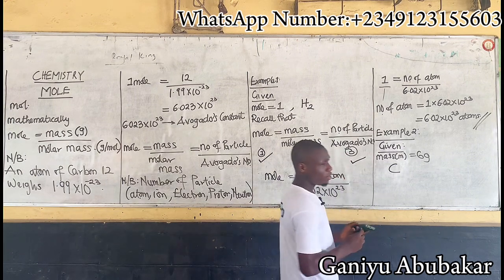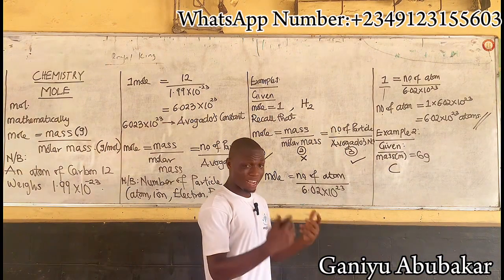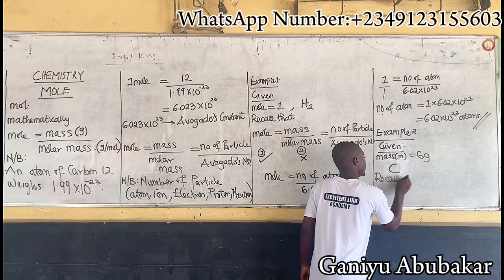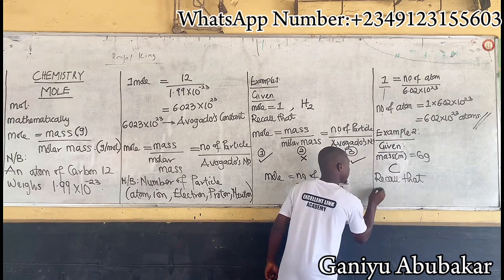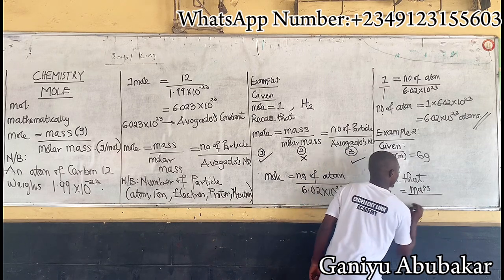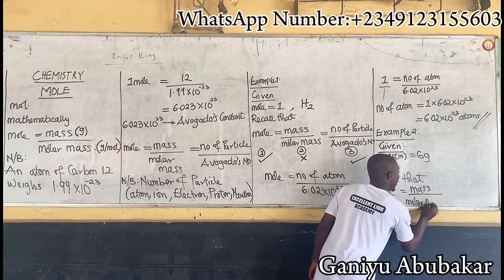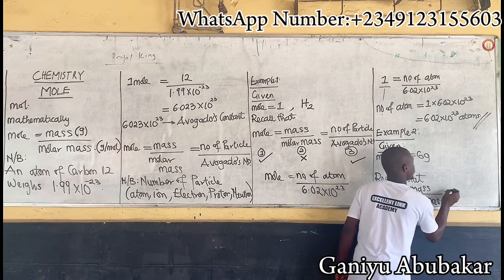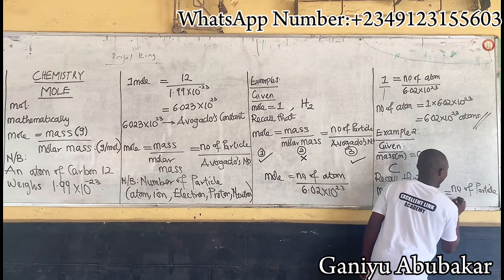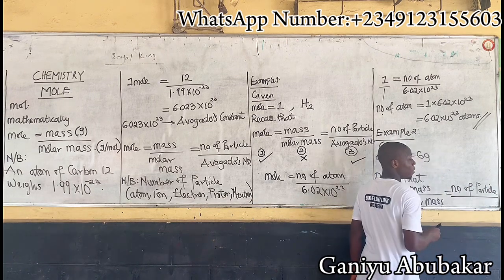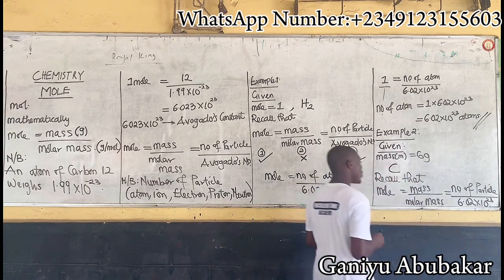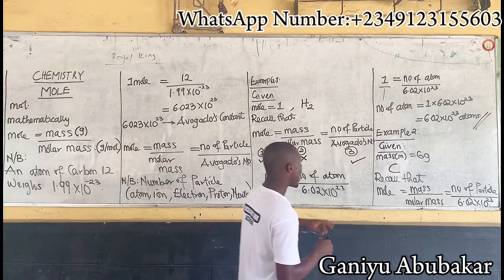Before I can solve this, first write out your normal equation of mole. So recall that mole is equal to mass all over molar mass, equal to number of particles over Avogadro's number, which is 6.02 times 10 to the power 23. In this case, are we given mole?